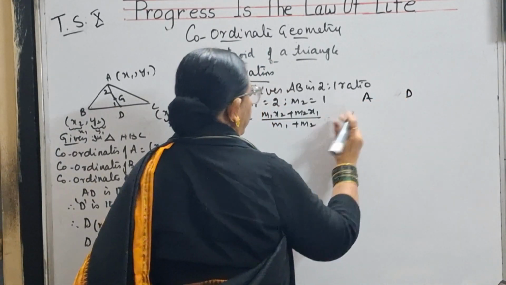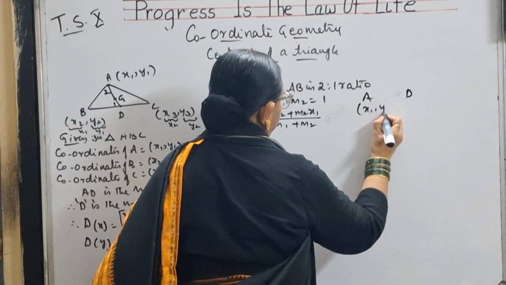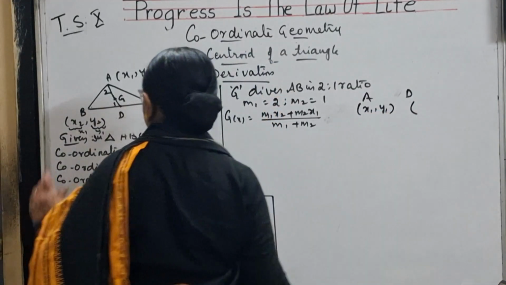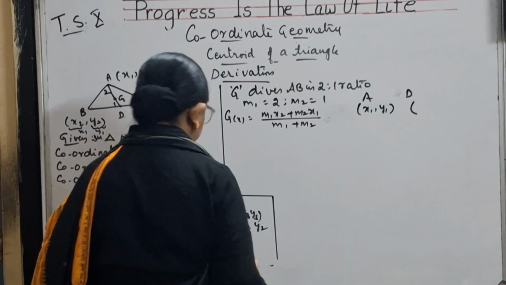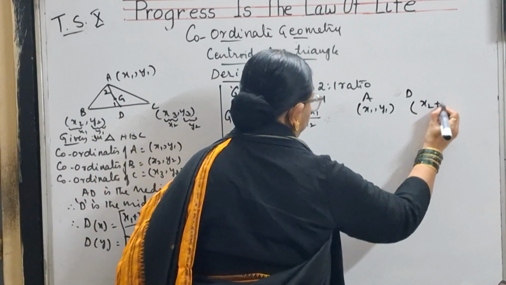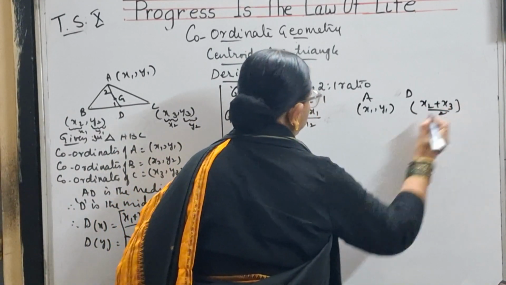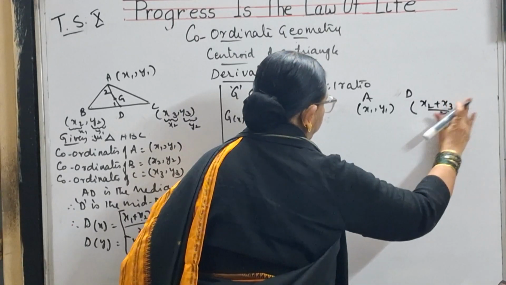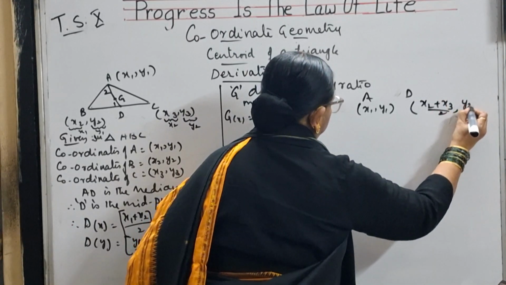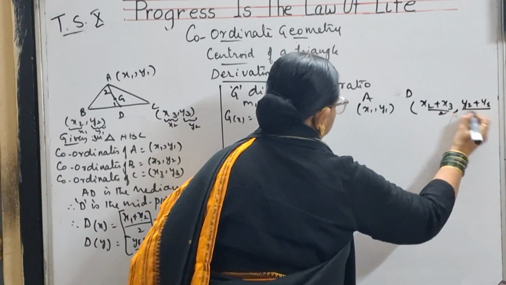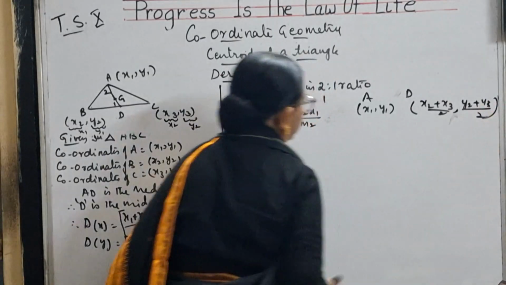Coordinates of A and D. A is x1 and y1 only, and the D coordinates are how much? x2 plus x3 by 2, and this is the x coordinate, y2 plus y3 by 2 are the coordinates of D.